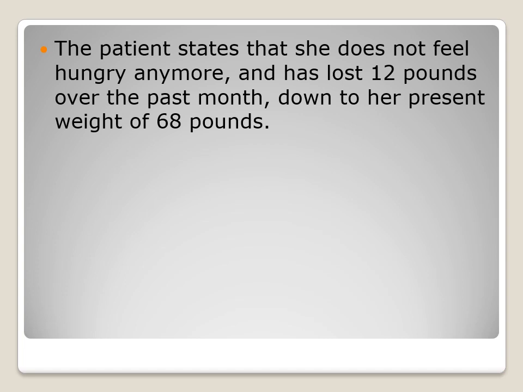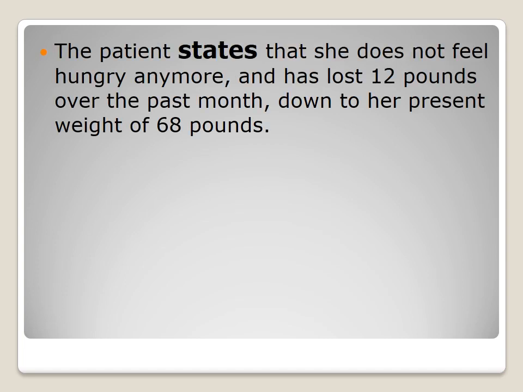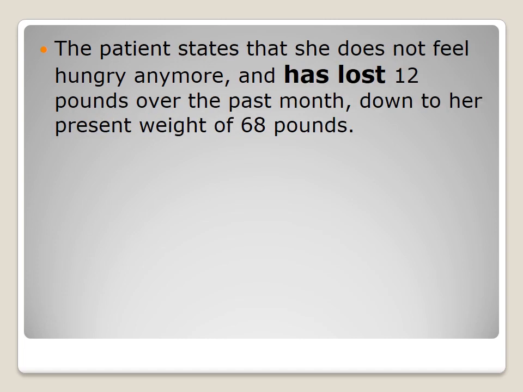In this next sentence, again, notice the switch in tense. The patient states. States is the present tense, and that's used to describe a present fact. She states that she does not feel hungry anymore. Present perfect, has lost, is again used to indicate something that began in the past and is still true.